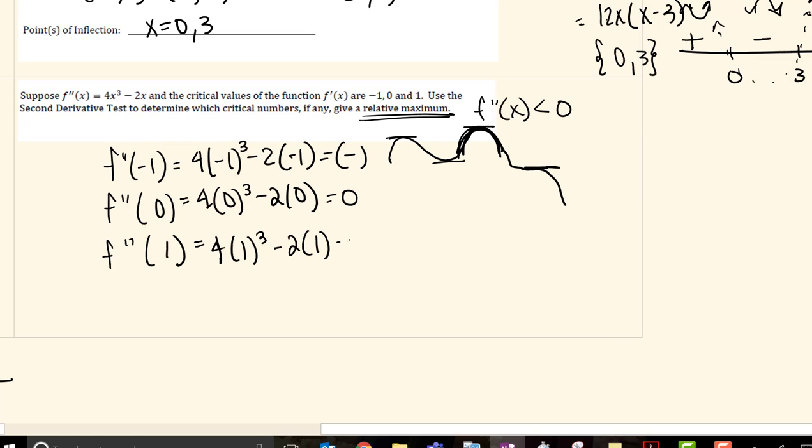And then this guy right here, so that's neither a min nor a max. And then this guy right here gives us what? 4 minus 2, so this is a positive number.